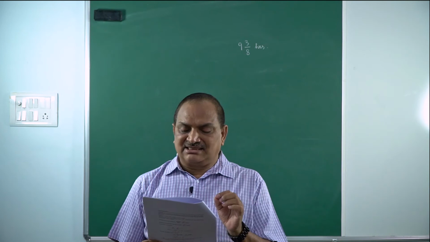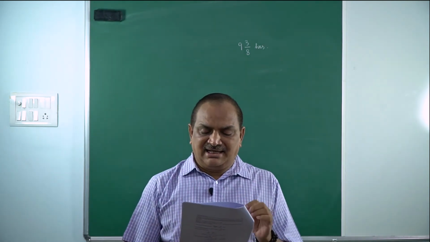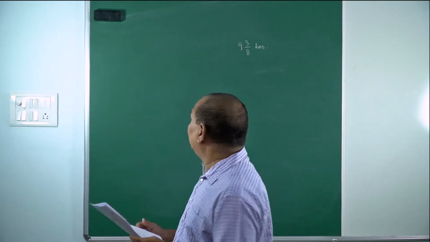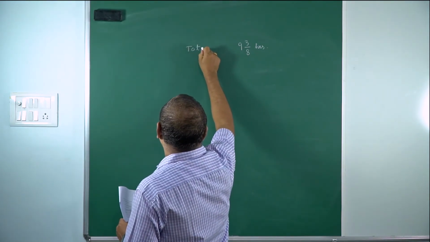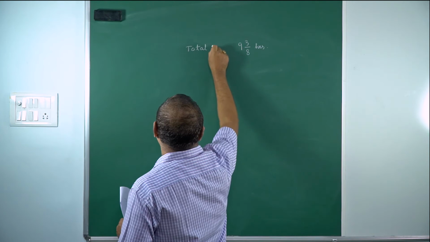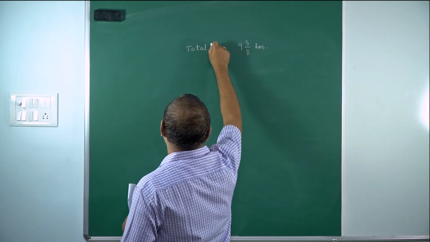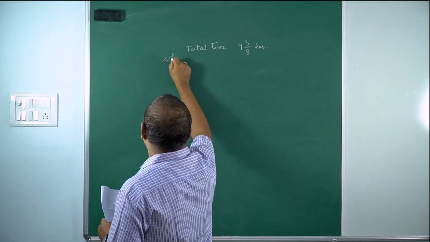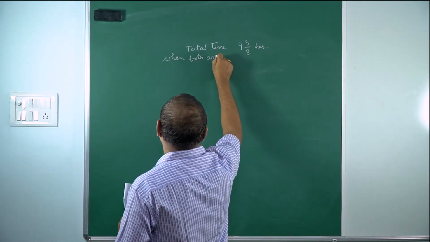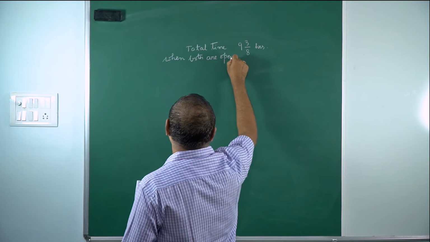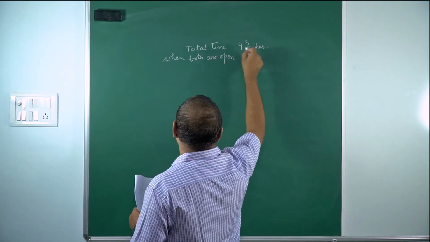Okay, and because the larger pipe takes 10 hours less, this is the total time when both are open. When both the taps are open, together they can fill in this much time.